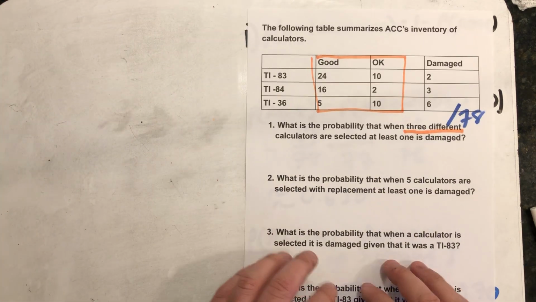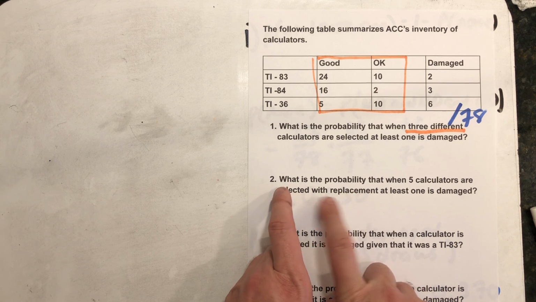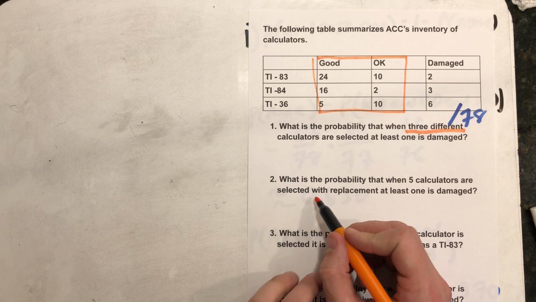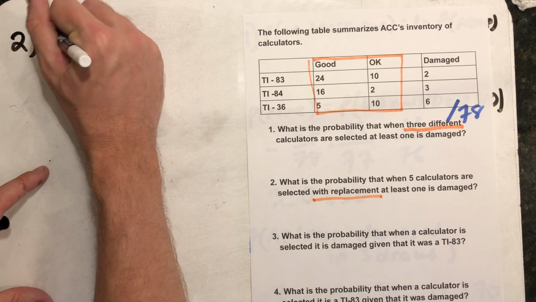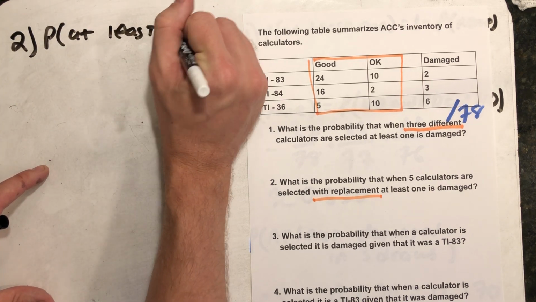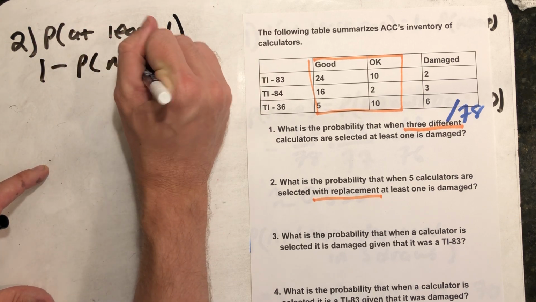Number two gives me a similar problem, but this time I'm selecting with replacement. What is the probability that when 5 calculators are selected with replacement, at least one is damaged? So in a lot of ways, I'm still thinking in the same terms. An at least one probability is still going to be 1 minus the probability of none.